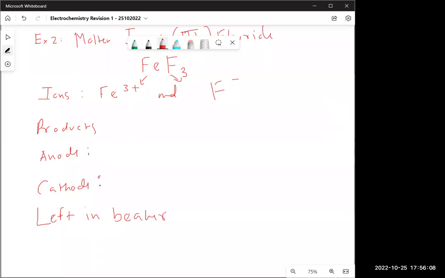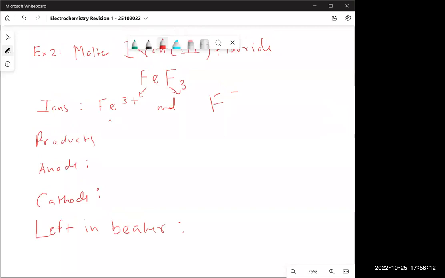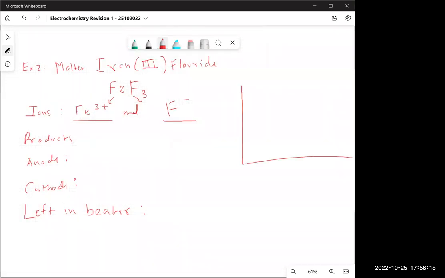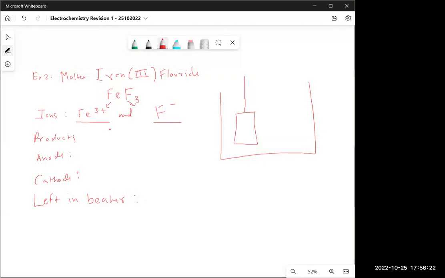Let's start with the anode. Now, which of these ions will go to the anode? Lula, which of these ions will go to the anode? Fe. Anode? No, that's not right. I'll tell you.